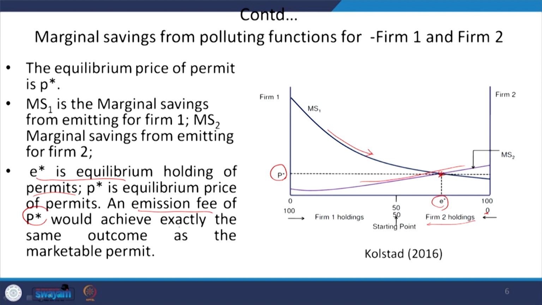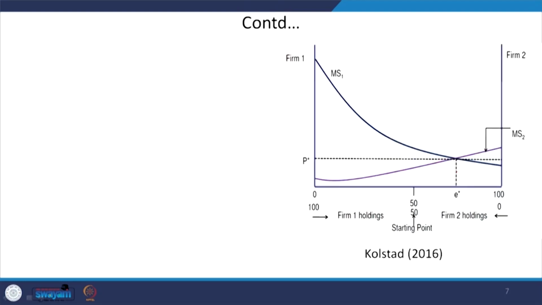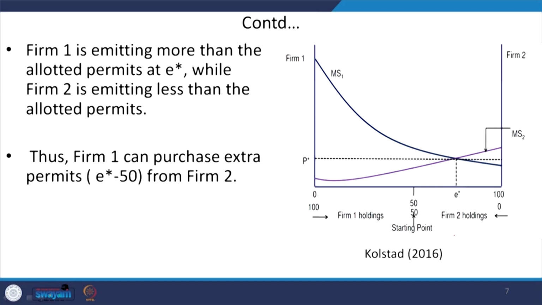So, you can say this emission fee of P star is going to achieve exactly the same outcome as the case of marketable permits. This is how we can compare marketable permits with the emission fee. So, now we find the equilibrium permit holding is E star.